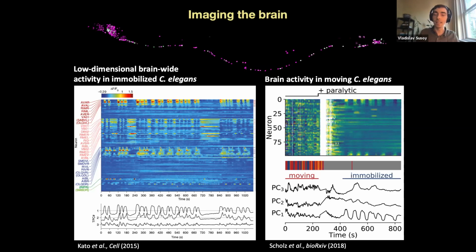This is quite a difference from the immobilized worms. And this type of finding has been echoed in the mammalian literature as well. When people look at fixed mice, often neurons show correlated activity, large groups of neurons showing correlated activity.